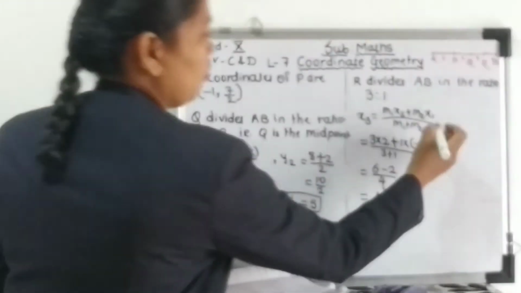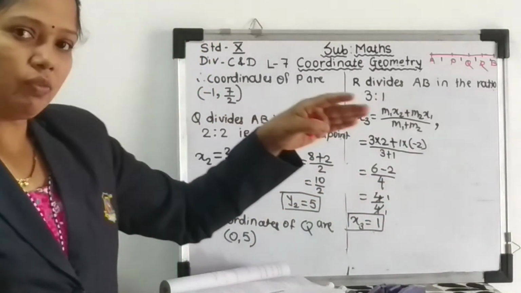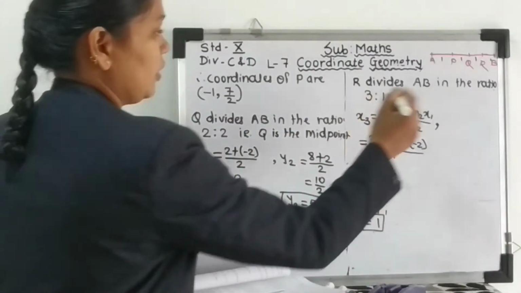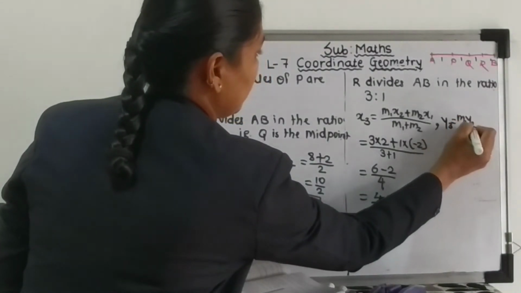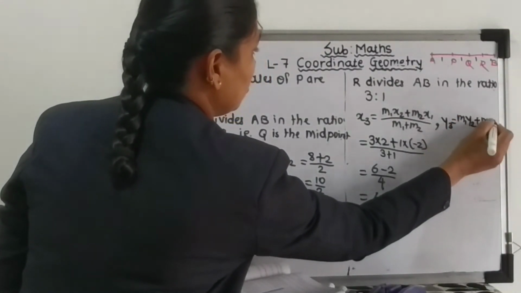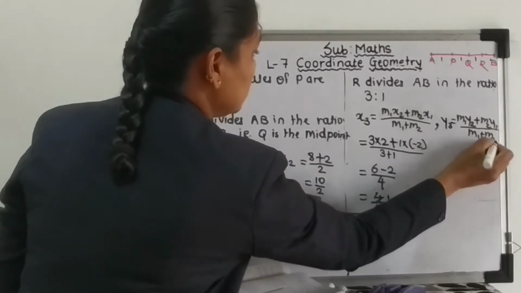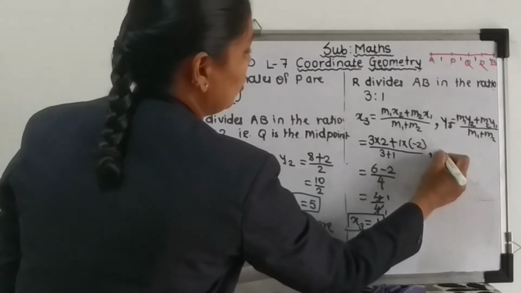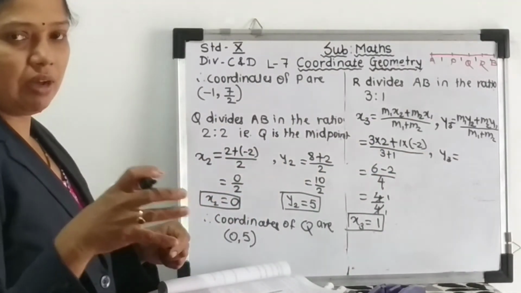Now let us find out the y coordinate. You can place a comma here and do it, or separately you can continue. So y3 equals m1 y2 plus m2 y1 upon m1 plus m2. See student, here what we will do is always say the formula while writing.